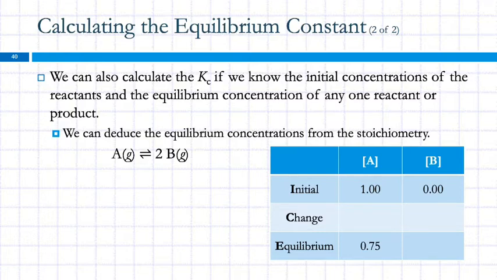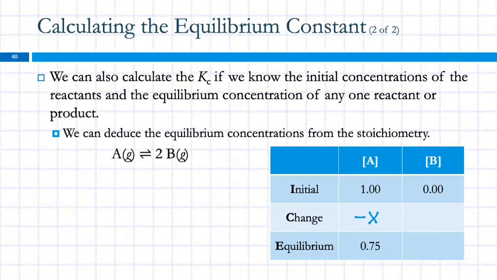Introductions, right? Well, what's going to happen with this equilibrium if I've got reactant and no product? It can only go forward, right? And so the concentration of A is going to go down, and the concentration of B is going to go up. But I don't know how much. I'm going to call it X. I'm going to say that X is the amount, the concentration that A goes down.